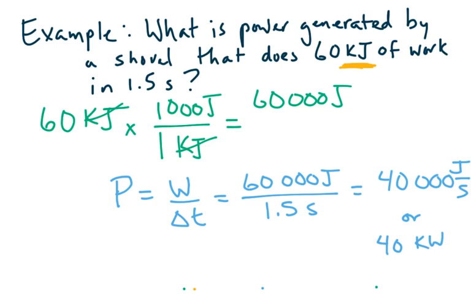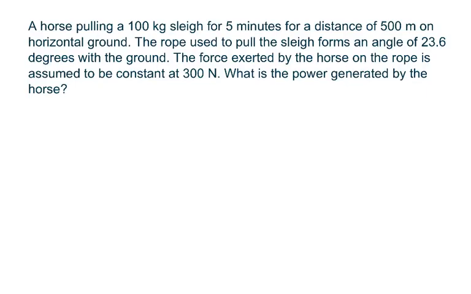The next problem we're going to look at is a much more all-encompassing problem. It looks at exactly what we talked about previously, in that you're going to be asked to solve for the work, then input that into a calculation for power. When we look at this problem, there's a lot of information being given to us.